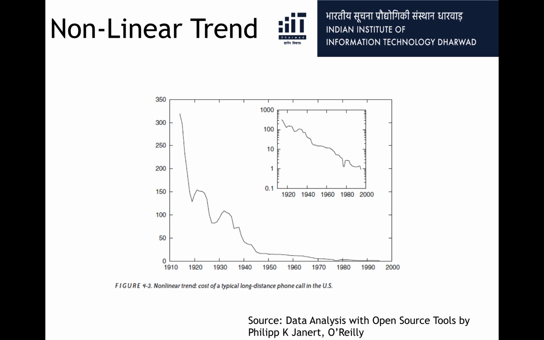So in analyzing some data set like this, you don't need all of the special methods of time series analysis. If you just do a little math, plot it on a log scale, then linear regression on that log value will give you a perfectly good fit, and regression itself is a good technique to analyze this, to do any prediction and so on. You don't really need anything more sophisticated.